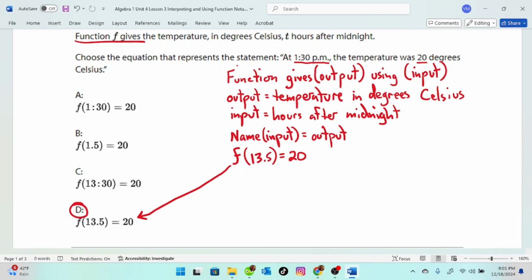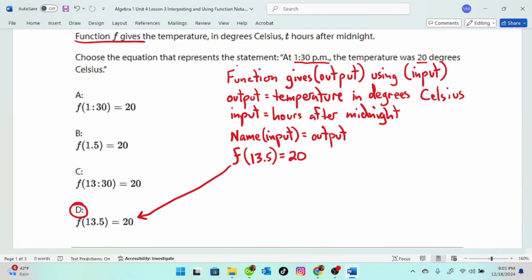If we try to look at the others, we can see that A is wrong because they input the time instead of making that time the number of hours after midnight. We can see that B is wrong because 1:30 p.m. is not 1.5 hours after midnight.